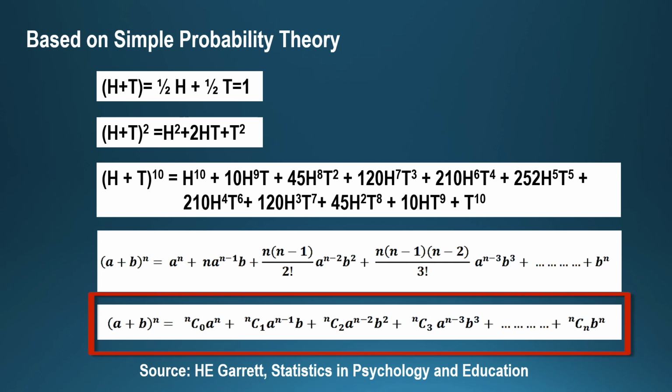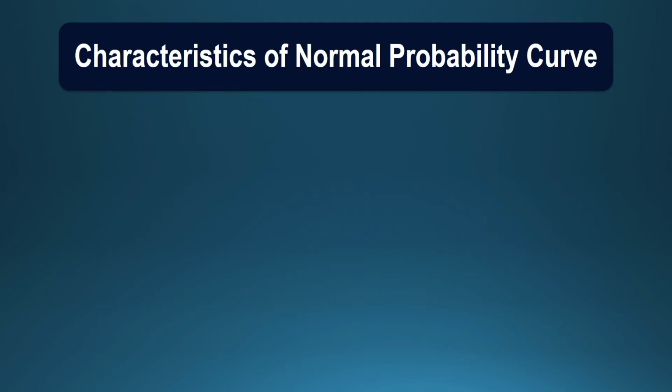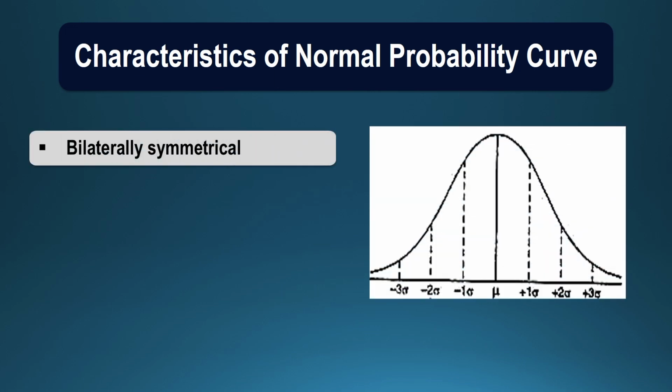Normal probability curve has certain distinct characteristics. The very first characteristic of normal probability curve is that it is bilaterally symmetrical. 50% of the cases lie below the midpoint and 50% of the cases lie above the midpoint. It has exactly the symmetrical shape on both the sides.